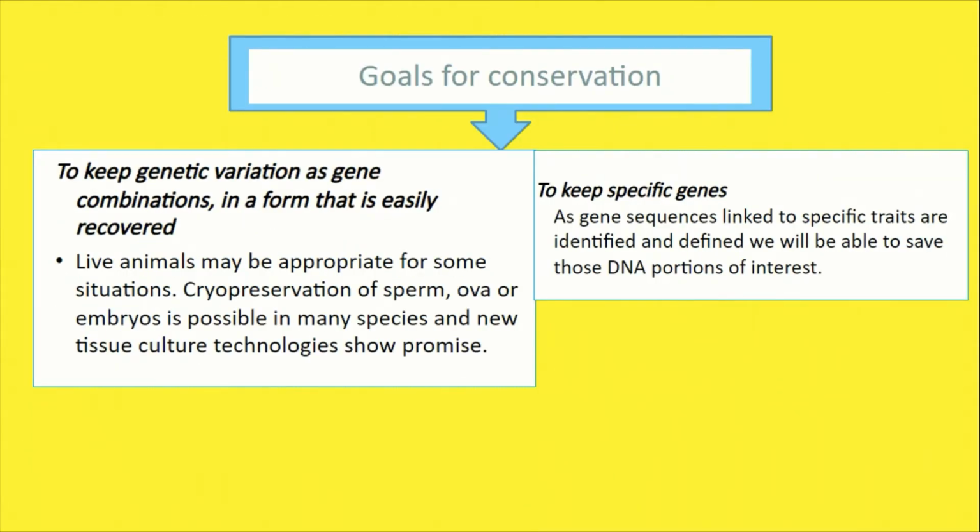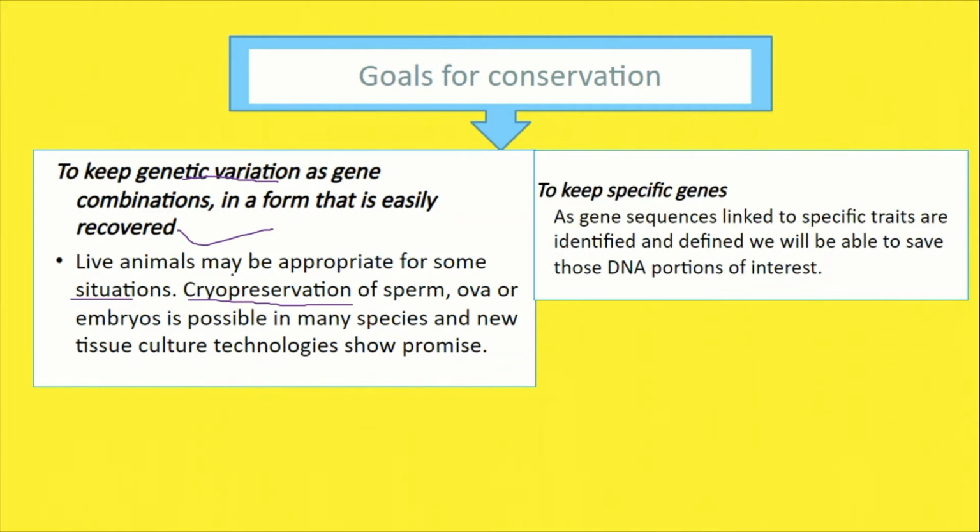We have two major goals of conservation. One is to keep genetic variation as gene combinations in a form that can be easily recovered. Live animals may be appropriate for some situations. In other situations we do cryopreservation.